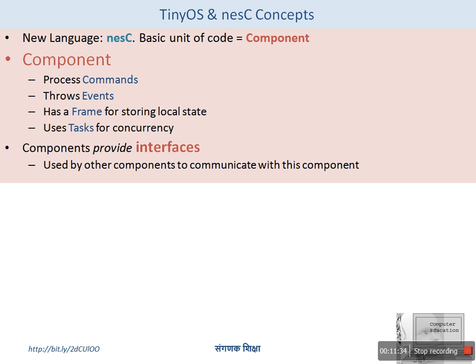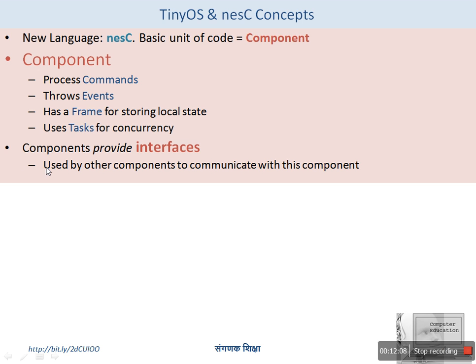Now there are some concepts for TinyOS and the nesC programming language. TinyOS supports only nesC programs, and the basic unit of a nesC program is the component. A component generally contains processes, which are commands. It generally throws events. It has a frame for storing the local state of a variable, or the local state of a task, or of a component or sensor node.